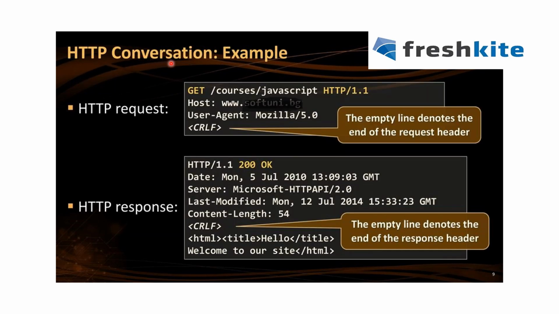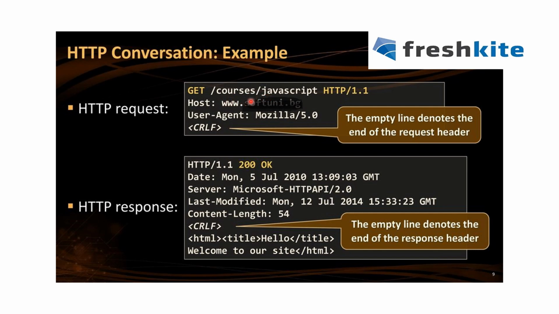HTTP conversation. How will the HTTP request conversation be? First, we see GET, which is nothing but the HTTP method we have seen already, right? And courses JavaScript, which is the URL we have given.